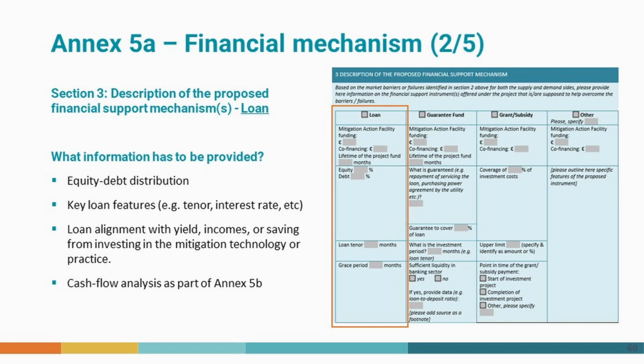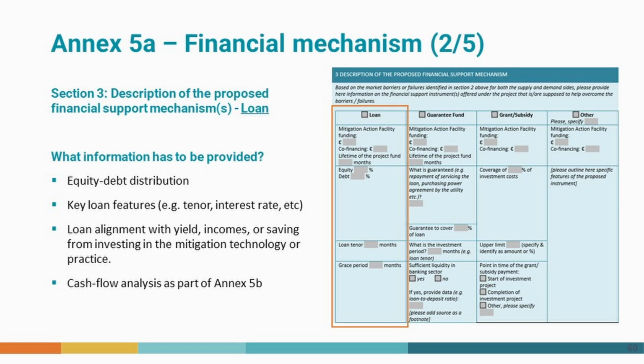For example, a split of 30% equity and 70% debt. Additionally, you will need to specify key information of the characteristics of the loan, such as its tenor, grace period, if needed, the interest rate to be offered to the investor, the currency in which the loan will be available, and assumed default rate, among others.